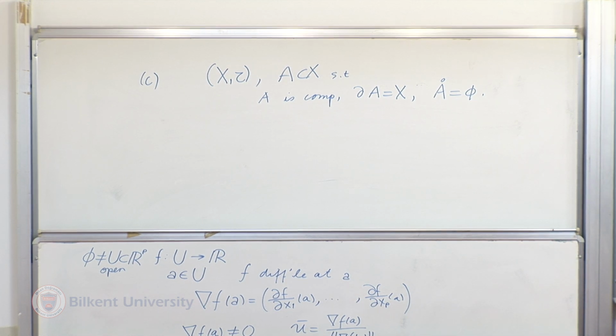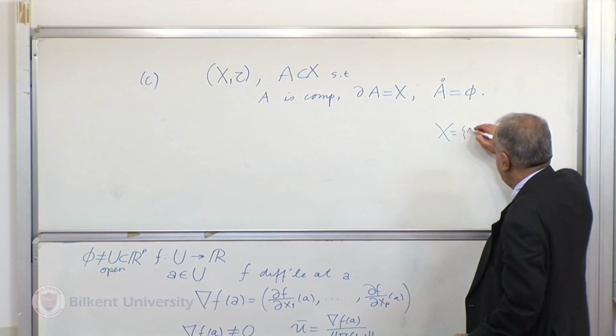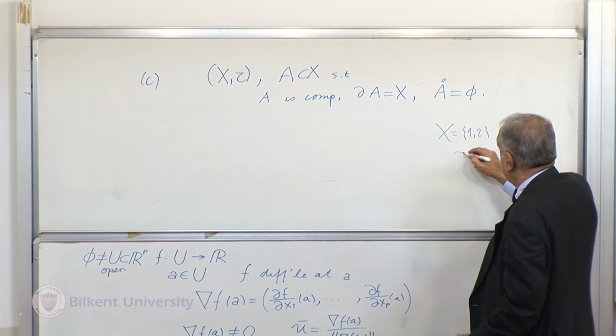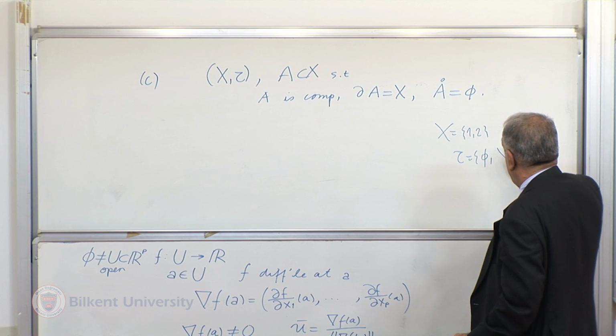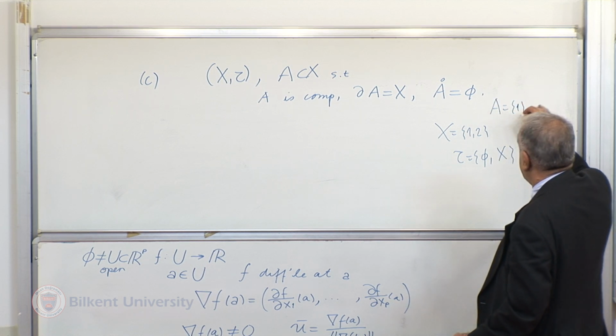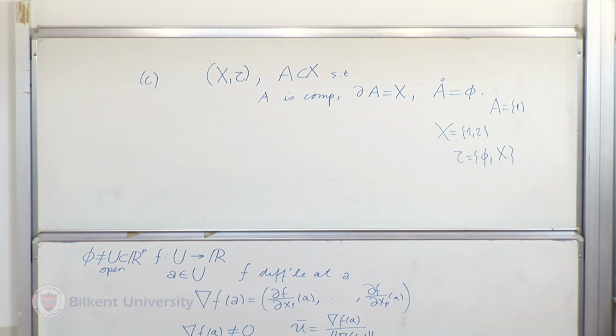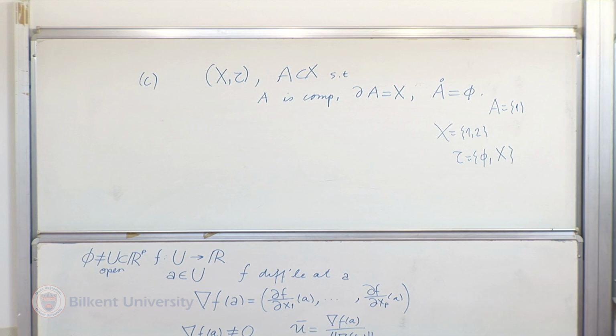Well, just take X equal to {1, 2}, and tau the indiscrete topology {phi, X}, and A just consisting of 1. Is A compact?